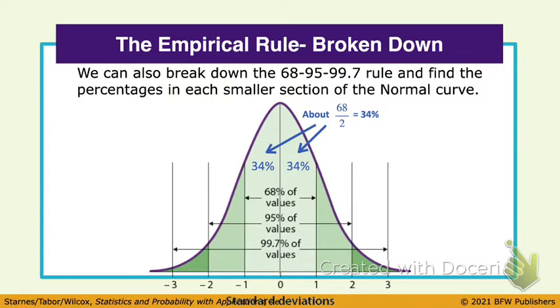I've already labeled the middle 68%. So if I take 95 and subtract that middle 68, I will have the total in both of these, and then I could divide by 2, and that would give me each section.